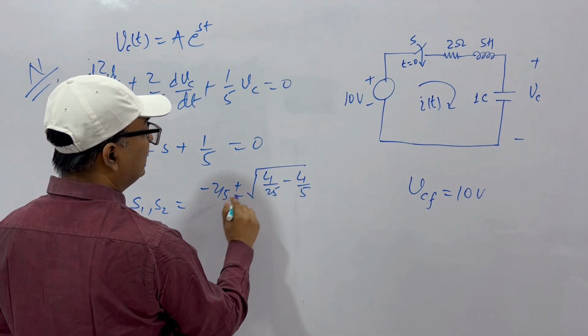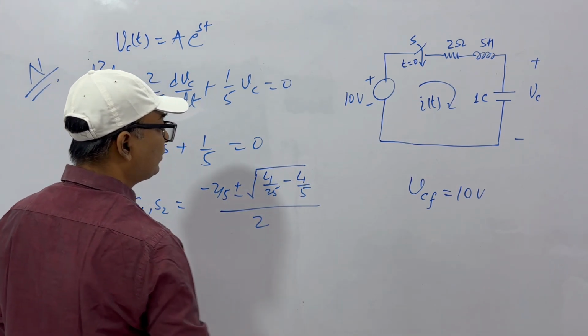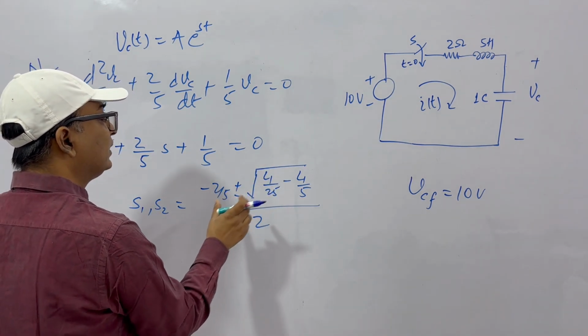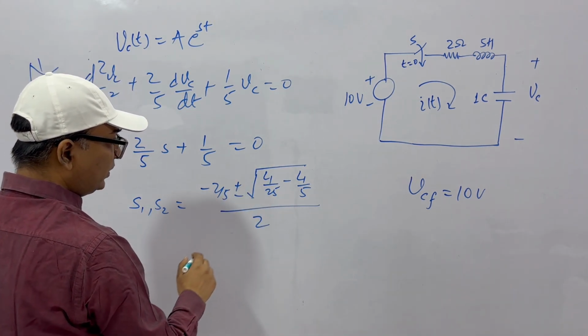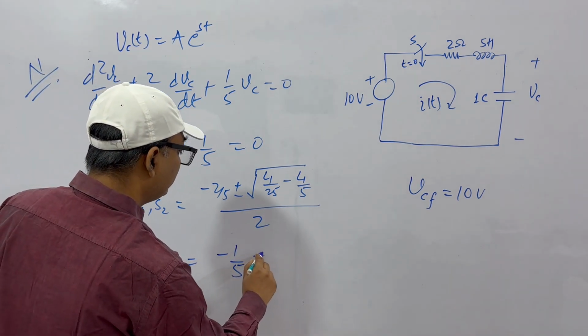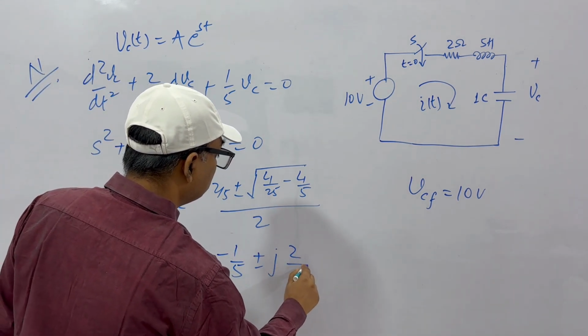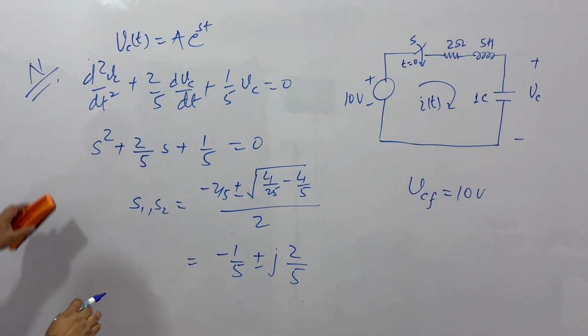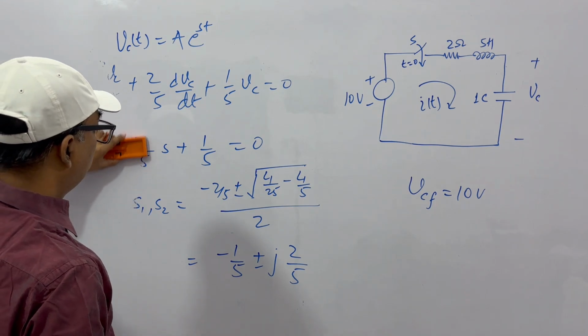So this is negative. When this is negative, we know this will give a complex conjugate. So if you work this out, the answer will be minus 1/5 plus minus j2/5.